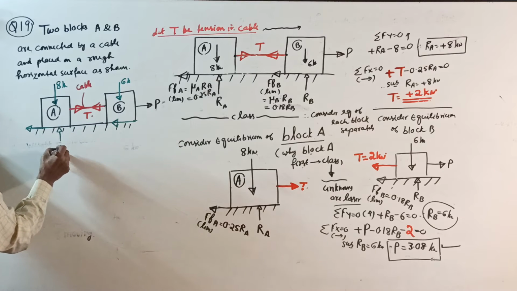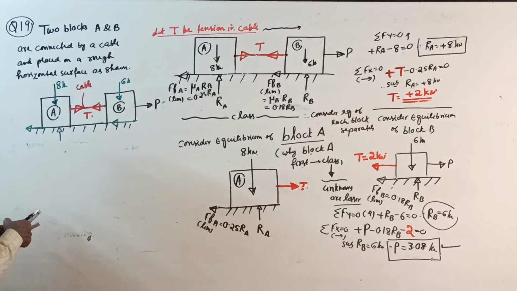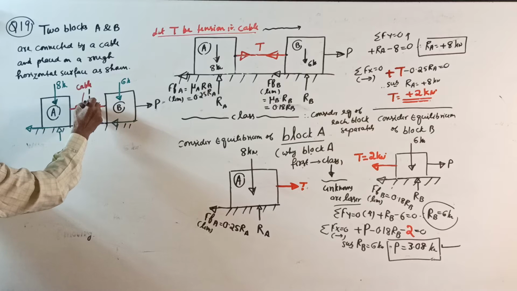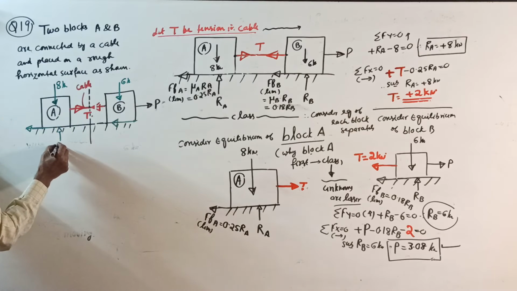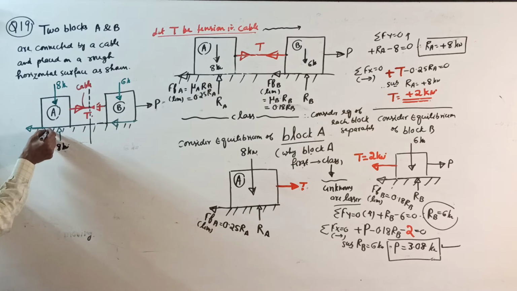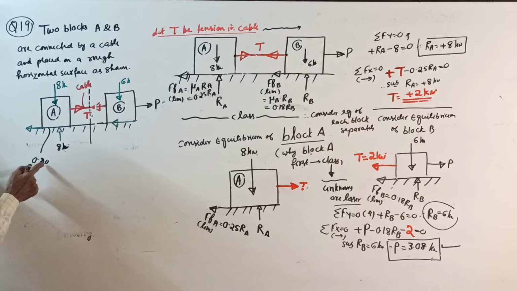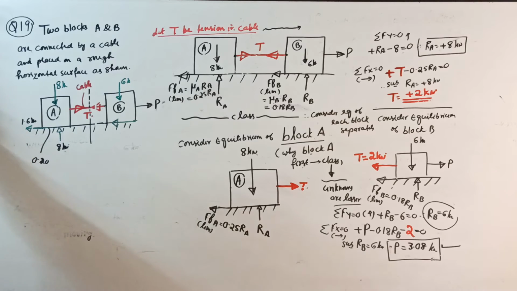The normal reaction RB is not required. Directly solve. Start from A: down 8, so upward 8 kilonewton. Coefficient of friction here is 0.2, so 8 into 0.2 is 1.6 kilonewton, the frictional force.